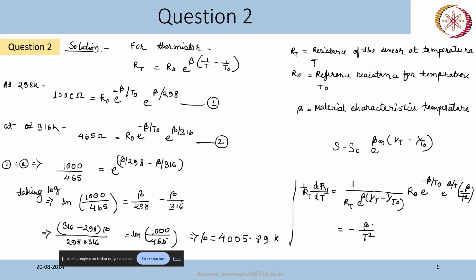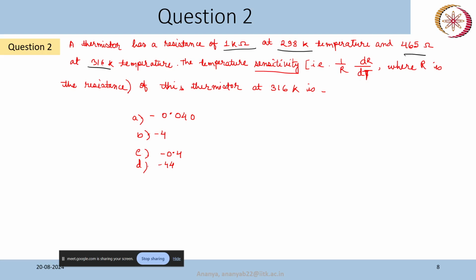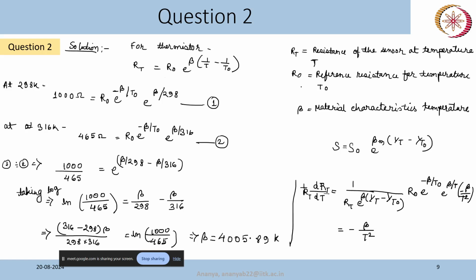Okay, now we have to calculate the sensitivity at 316 Kelvin. So we'll put the beta value minus 4005.89 divided by 316 square. The unit will be Kelvin inverse.